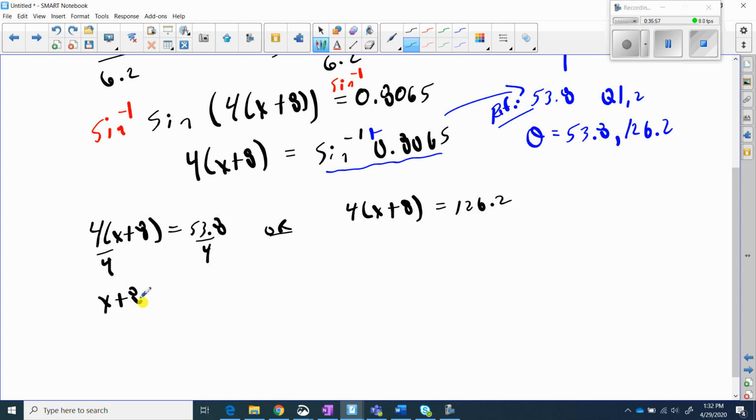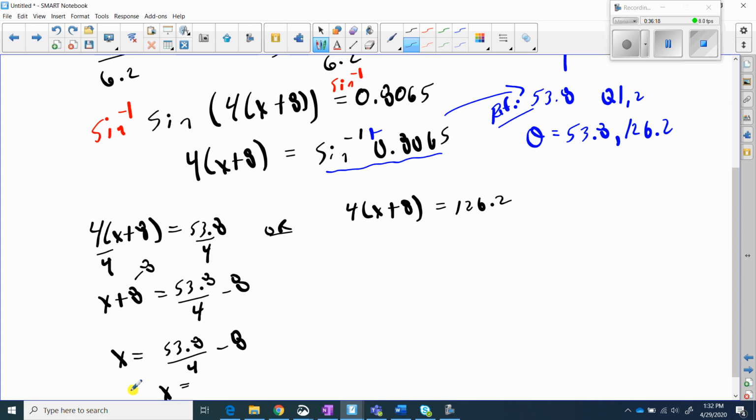x plus 8 equals, I'm just going to leave it like that for a second, so I can put it all in my calculator at once. And then I'm going to get rid of the add 8, so I'm going to take away 8 from both sides. And x would be 53.8 divided by 4, take away 8. That's going to give me one possible answer.